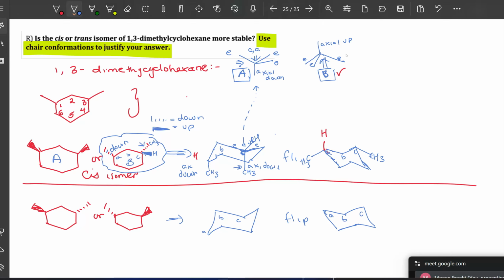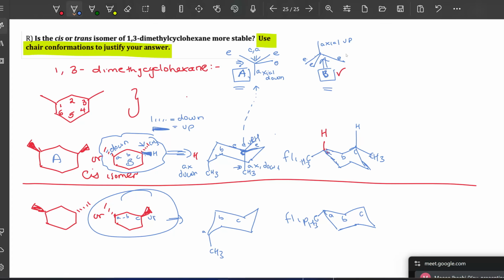The carbon is pointing up. Anything that's up is only the axial. Okay, I understand now. So it's always either case B of the carbon or case A of the carbon. And it's the same thing here. I can choose this, and A will be going down, but here it will go equatorial.